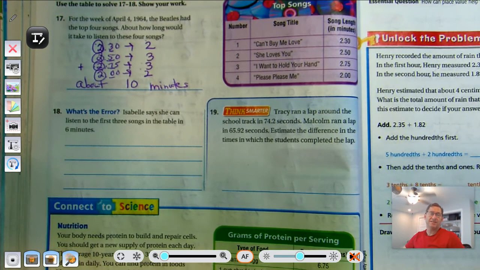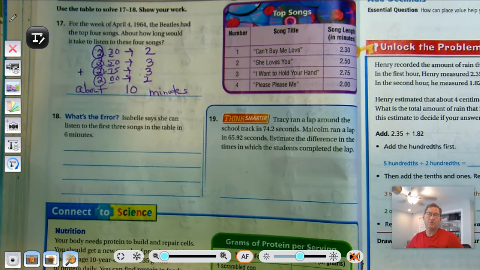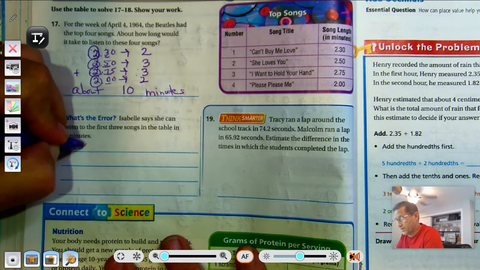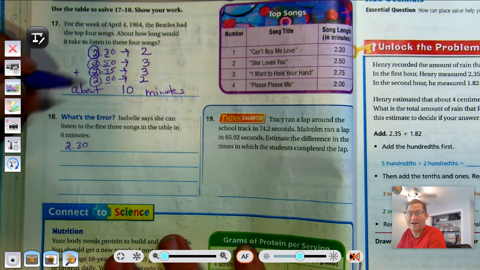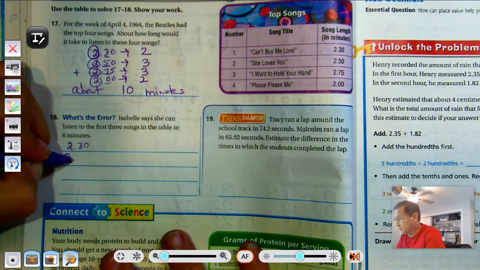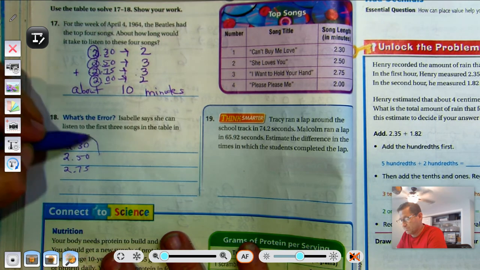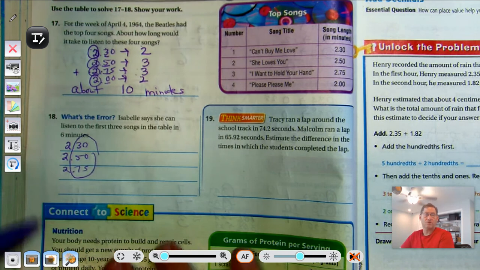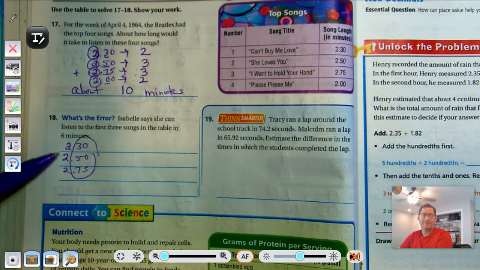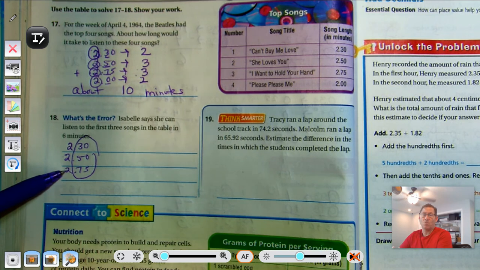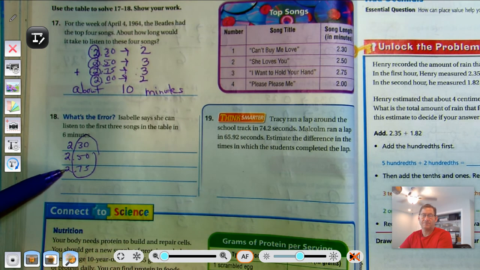18. Isabel says she can listen to the first 3 songs in the table in 6 minutes. So she's saying 2.30. And it says, what's the error? 2.30, 2.50, 2.75. Well, those show that they're all greater than 2 minutes, right? So it has to be more than 6 minutes.